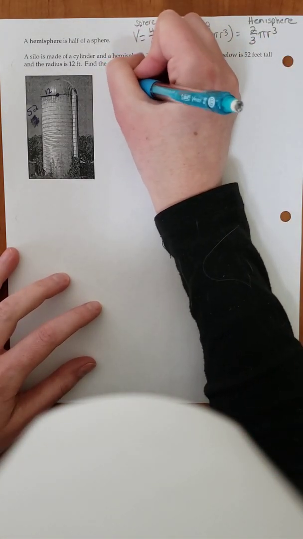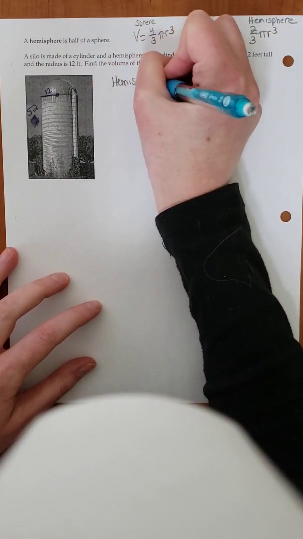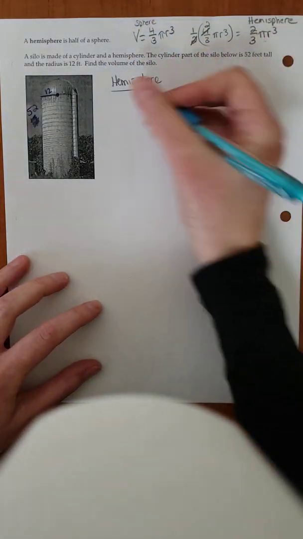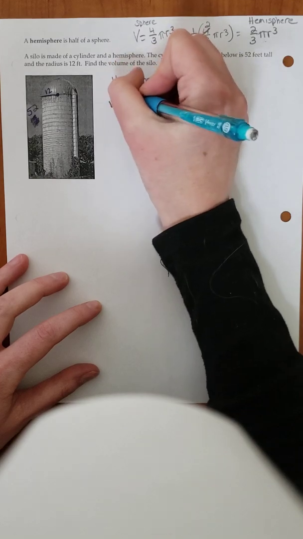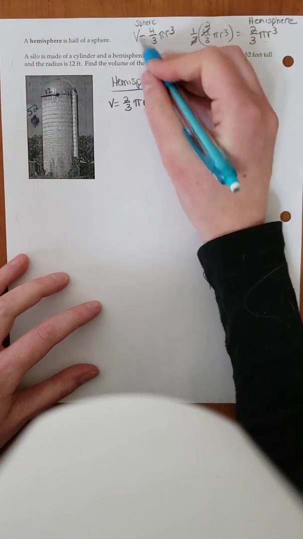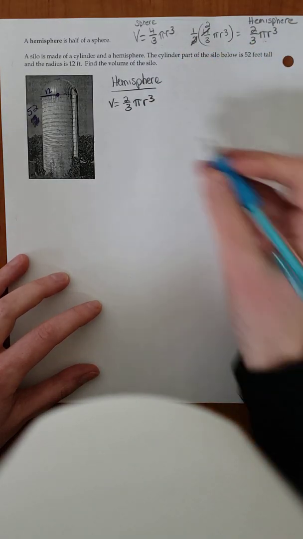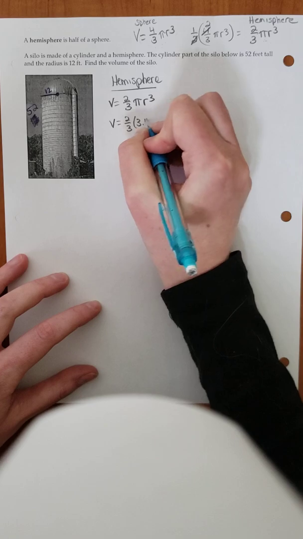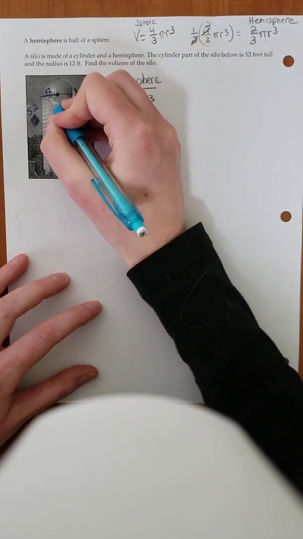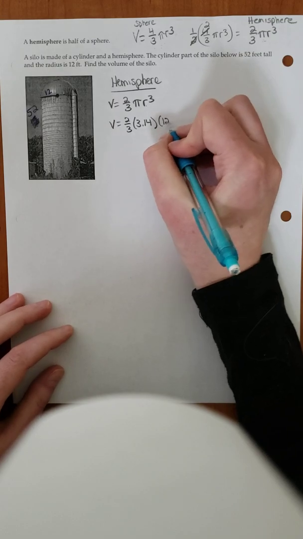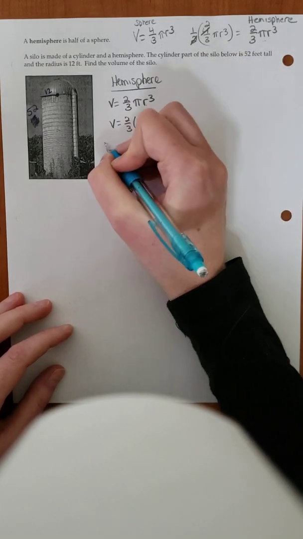All right, let's start with the hemisphere. And because I like to be efficient, I'm going to use that hemisphere formula that I just derived for you. Again, you are welcome to use the sphere formula and then divide your final answer by 2. Just don't forget to do that. So 2/3 times 3.14, and the radius. So the cylinder and the sphere will have the same radius, which is 12. And we're going to cube that.